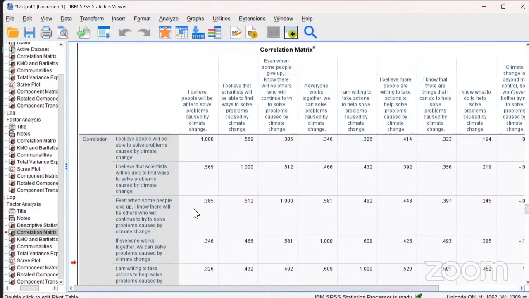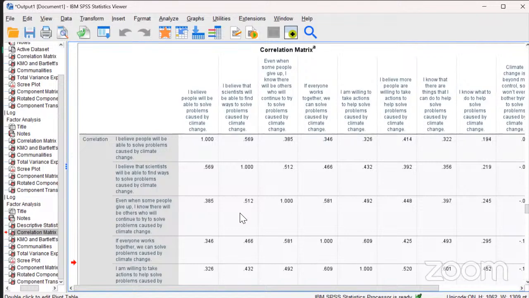It's 0.512. Yes, 0.512. So these loadings are due to the second item, because somehow second and third are related with each other rather than 1 and 3.